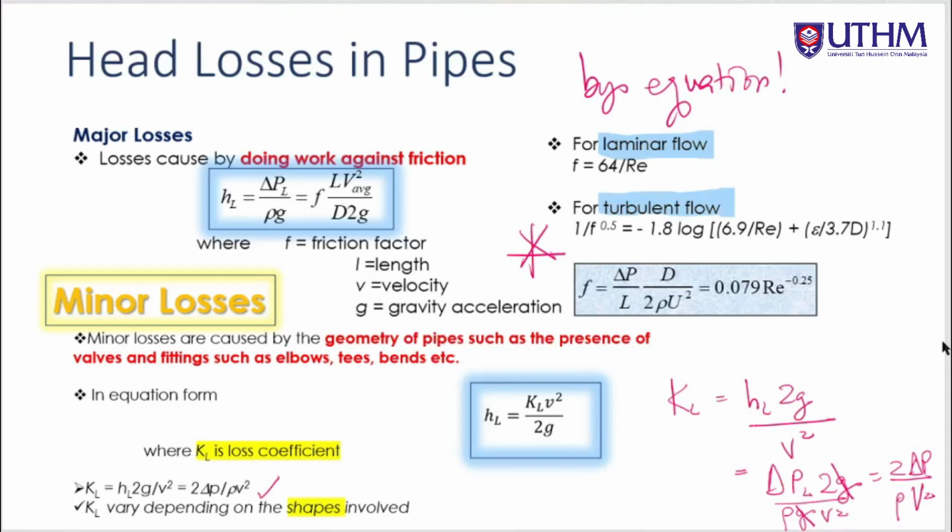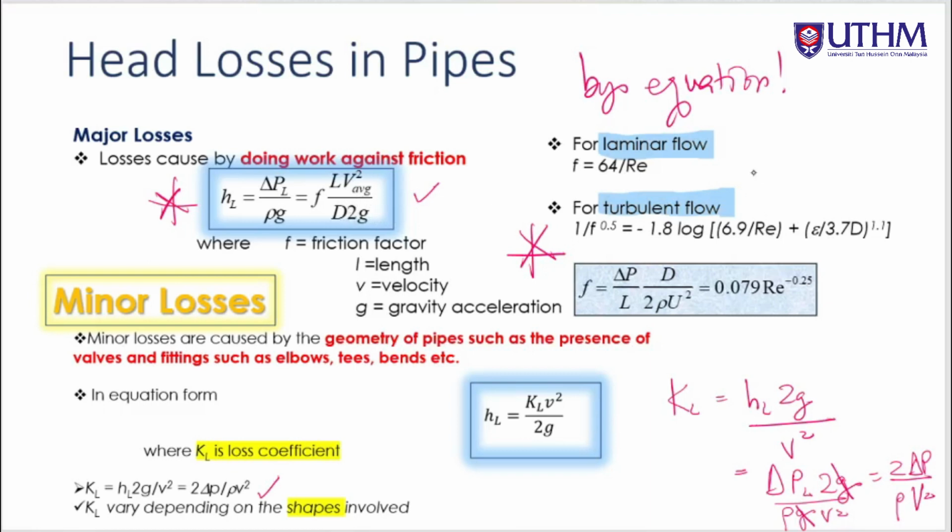Major losses is caused by doing work against friction and due to friction kan. So macam biasa, the equations for calculating the losses is sama untuk major losses. Okay. So kita ada F L V squared over D 2G.